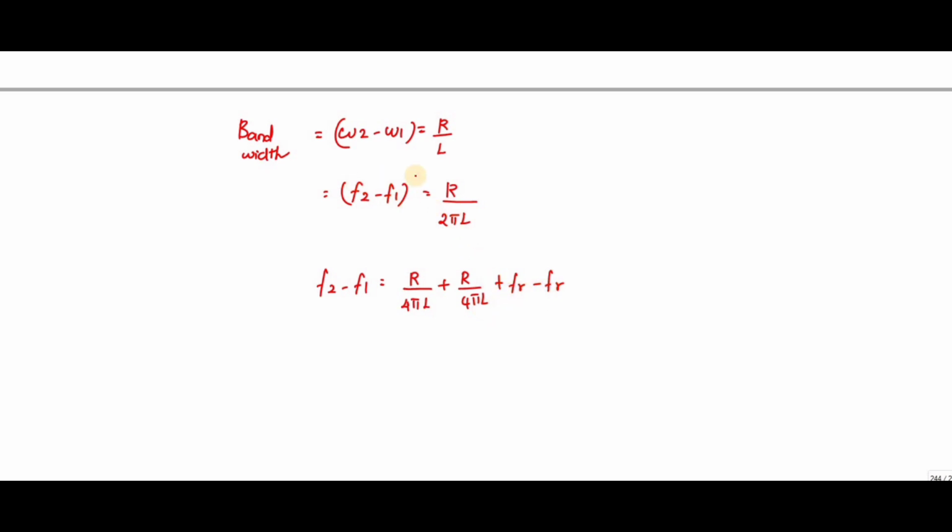So I can write F2 is equal to Fr plus R divided by 4 pi L. What is F1? F1 is nothing but Fr minus R divided by 4 pi L. So this is your 6th and 7th equation.